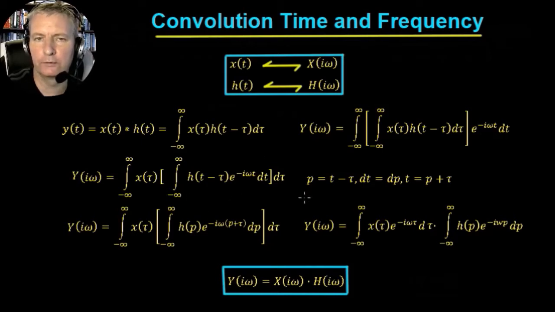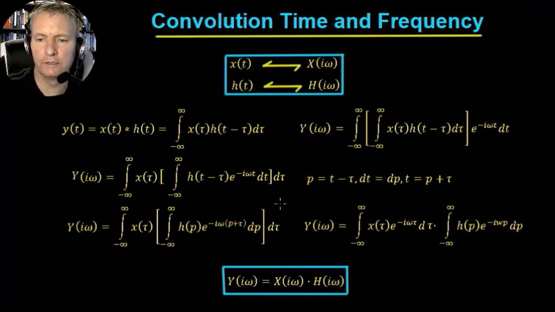Now again, we'll just use the substitution as I mentioned before. You'll see this is quite prevalent throughout a lot of the proofs that you do here. If we say that p equals t minus tau, we can replace this with the value of p. We can therefore say that t must equal p plus tau, and also that dt must equal dp. The value of tau is just a constant, so it just disappears.